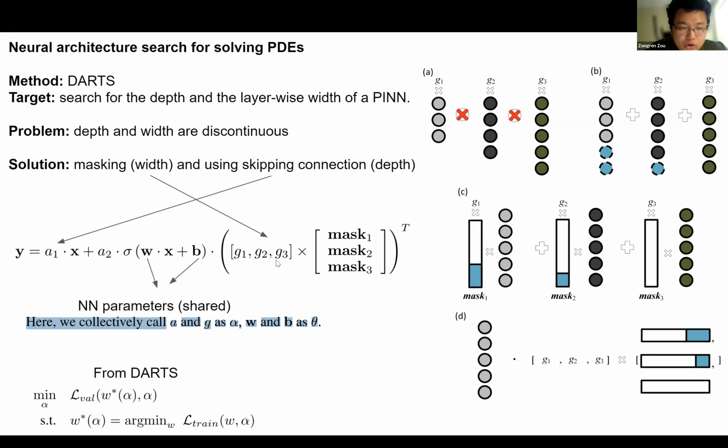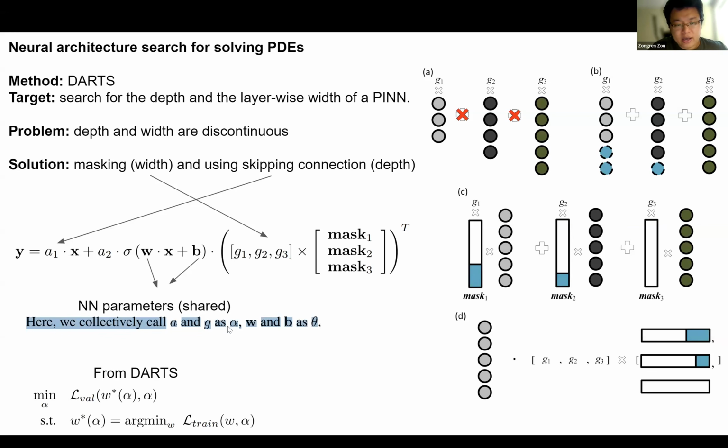So here G1, G2, G3, and A1, A2 are considered as architecture parameters, and this W and B are considered as network parameters, and of course they are shared among all the architectures, the same as DARTS. Here I quote one sentence from this NAS-PINN paper.